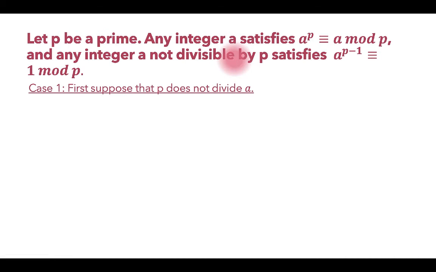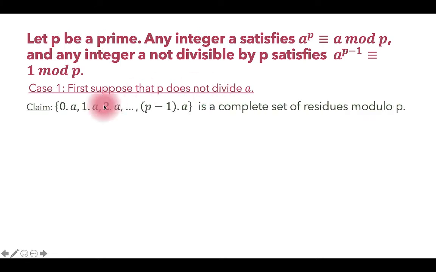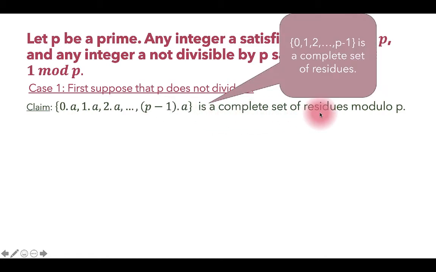Let us consider the first case, when P does not divide A, that is when the GCD of A and P is equal to 1. First we claim that the set 0A, 1A, 2A, etc., P minus 1 into A is a complete set of residues modulo P. Here note that the set 0, 1, 2, etc., P minus 1 is a complete set of residues.